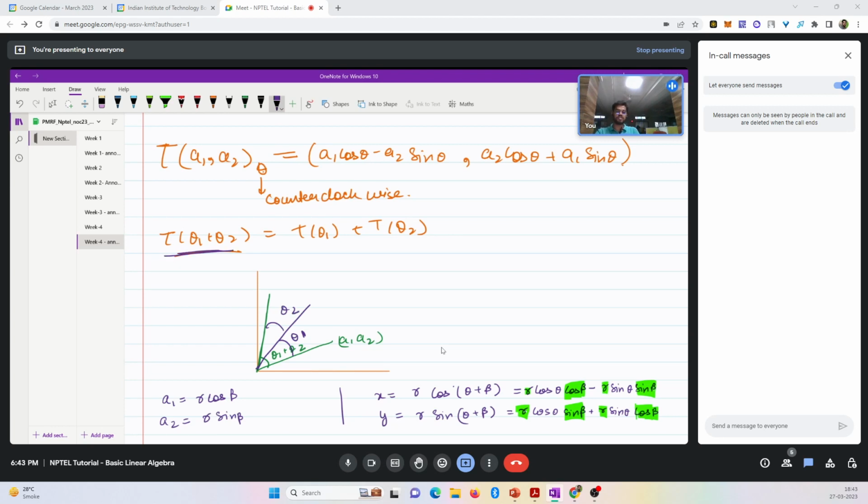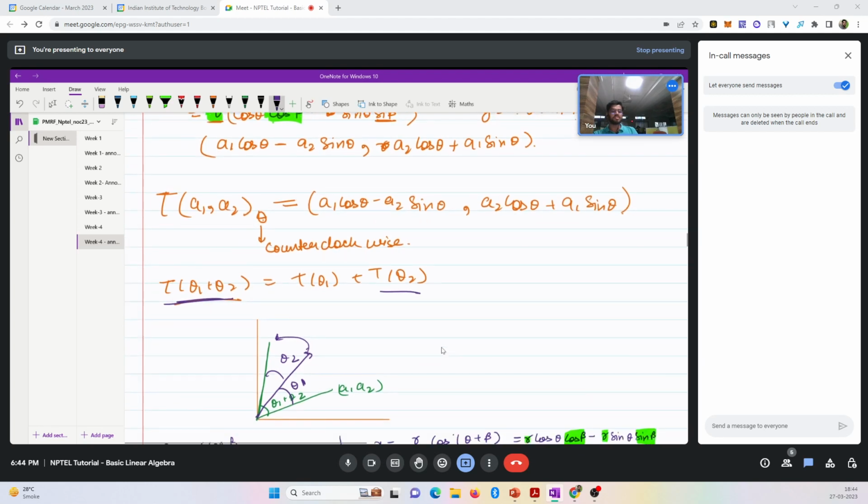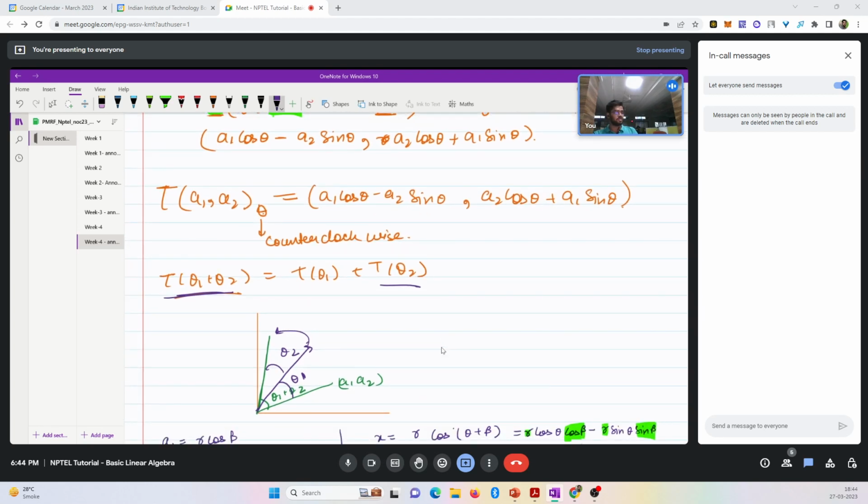So your left hand side says that you have rotated it in one go from theta 1 to theta 2, and the right hand side says is first you rotated by angle theta 1, whatever you obtain, you rotate that thing by angle theta 2. So this is same, right? This is what you will obtain.